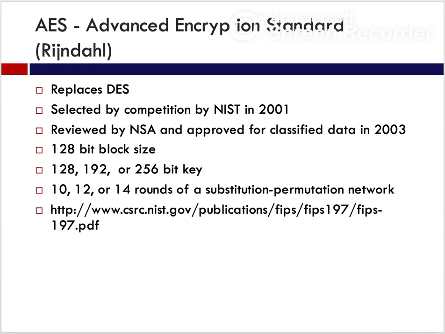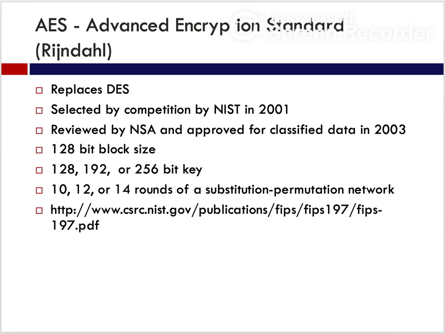Many algorithms participated, and after proper analysis of each and every algorithm, in 2001 AES was selected. The original name of the algorithm was Rijndael, but because it became a standard, we call it AES.